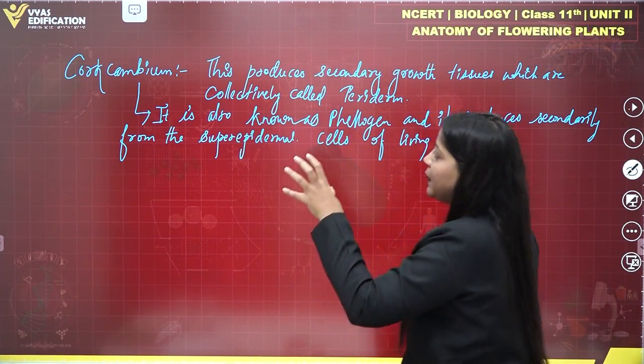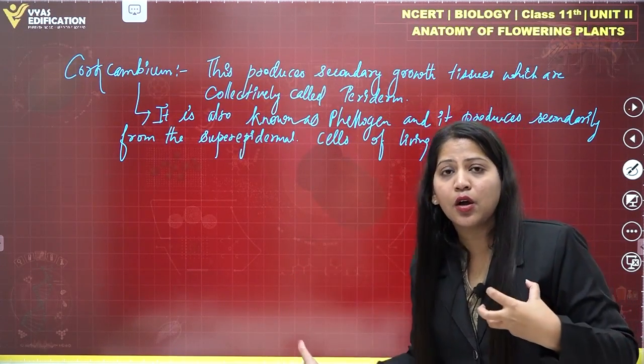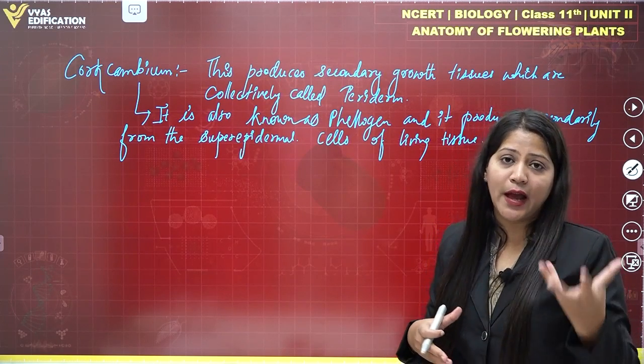Right? Now what happens in the secondary growth, or how does this cork cambium help in the secondary growth in dicot stems?